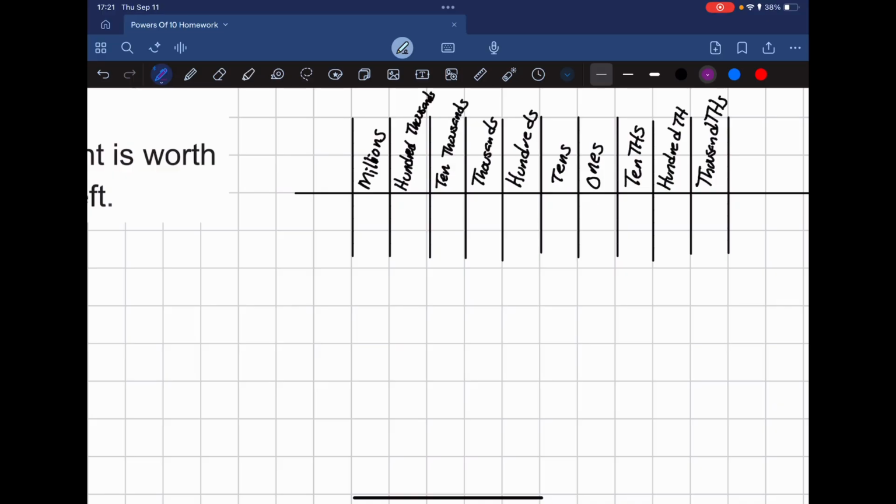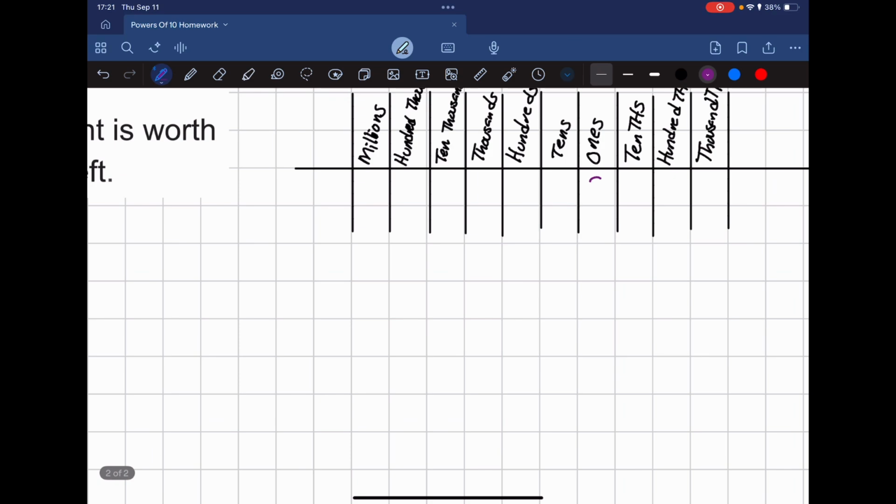So, for example, if I have 2 ones, okay? If I multiply 2 times 10 to the first power, that tells me, well, first of all, the way I work this out is 2 times 10 is equal to 20.